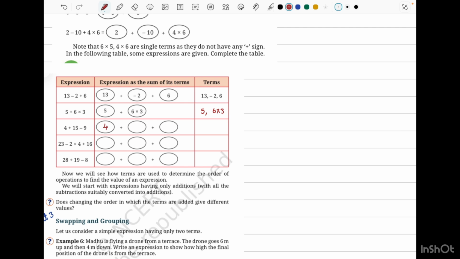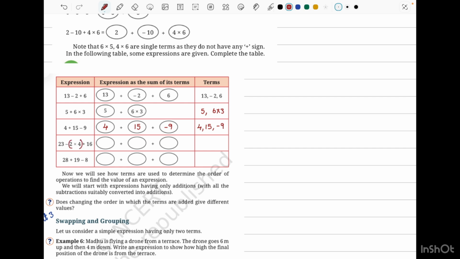Next one is 4 plus 15 minus 9. 4 is a term. So 4 plus 15 minus 9 is 4 plus 15 plus minus 9. The terms are 4, 15, minus 9. And next question, 23 minus 2 into 4 plus 16. 2 into 4 can be considered as one term.